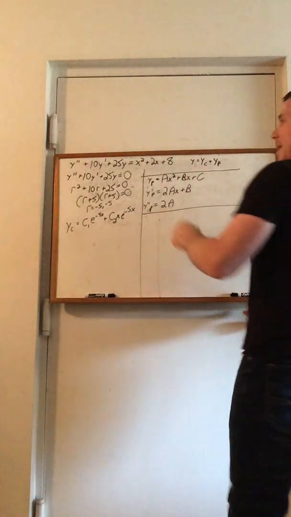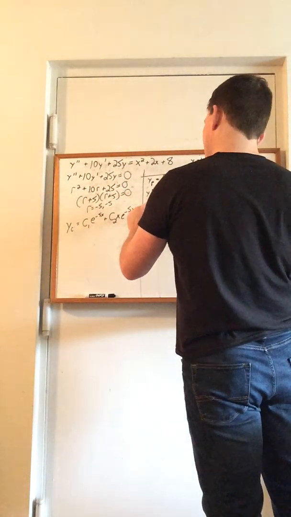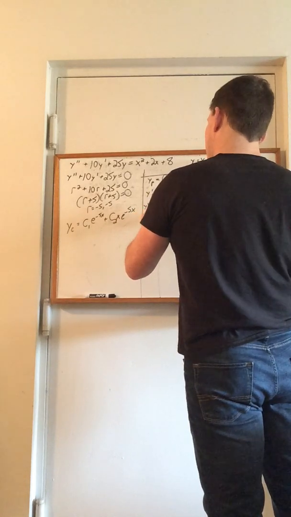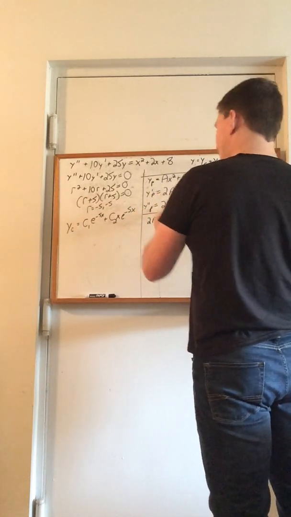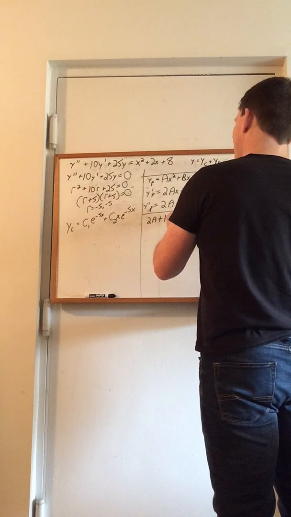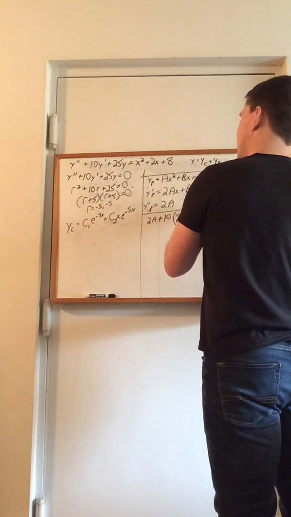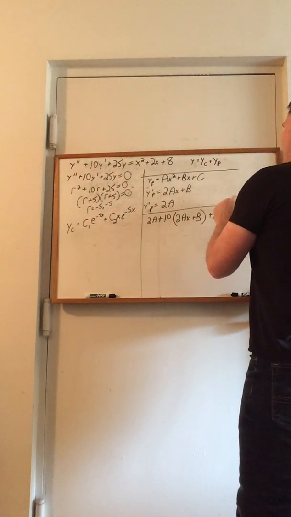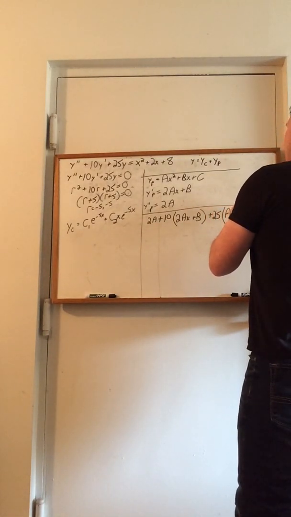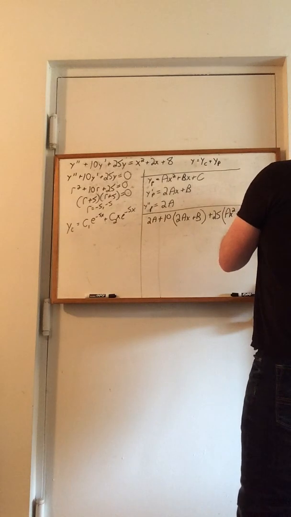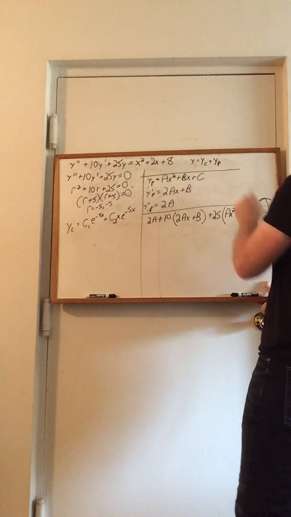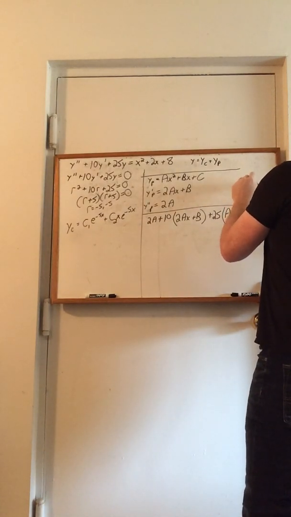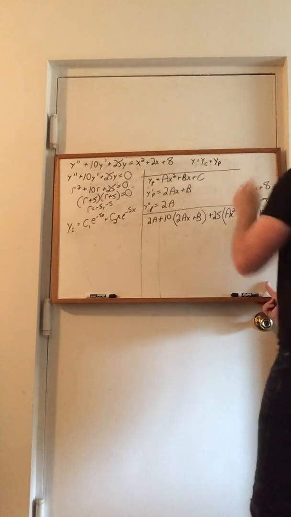Now when I plug it over there, I get y double prime, which is 2a, plus 10 times y prime, which is 2ax plus b, plus 25 times y, which is ax squared plus bx plus c, has to equal, and I'm going to have to go up here because I'm out of room, x squared plus 2x plus 8.